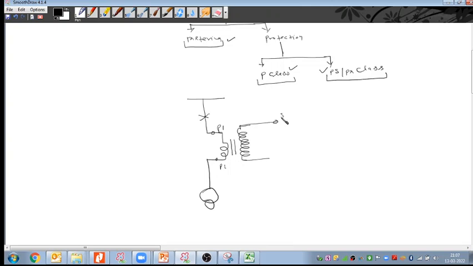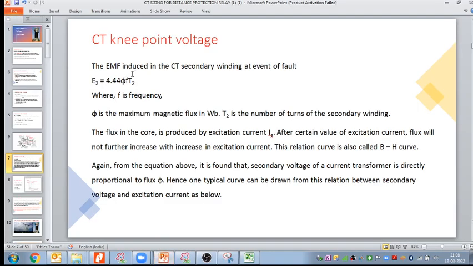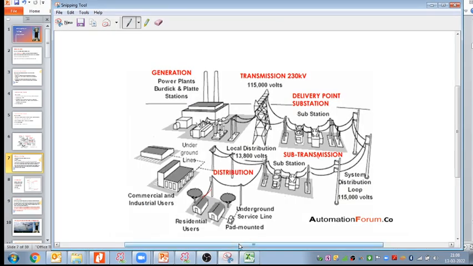This is my S1 and S2 terminals. These windings we put on the core, a magnetic core, and on the core we wind this copper conductor.